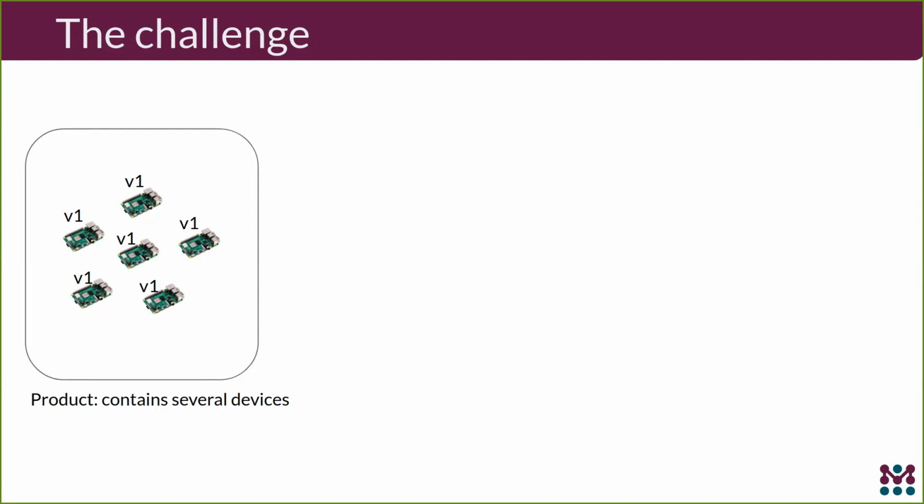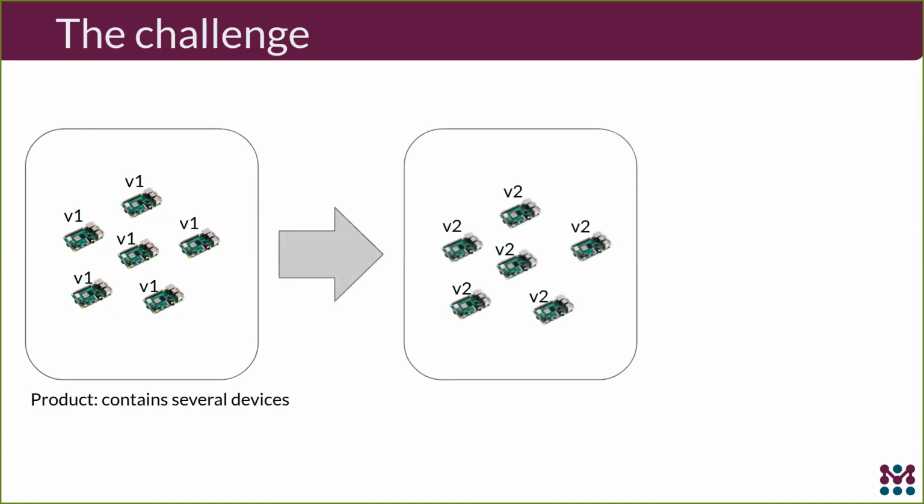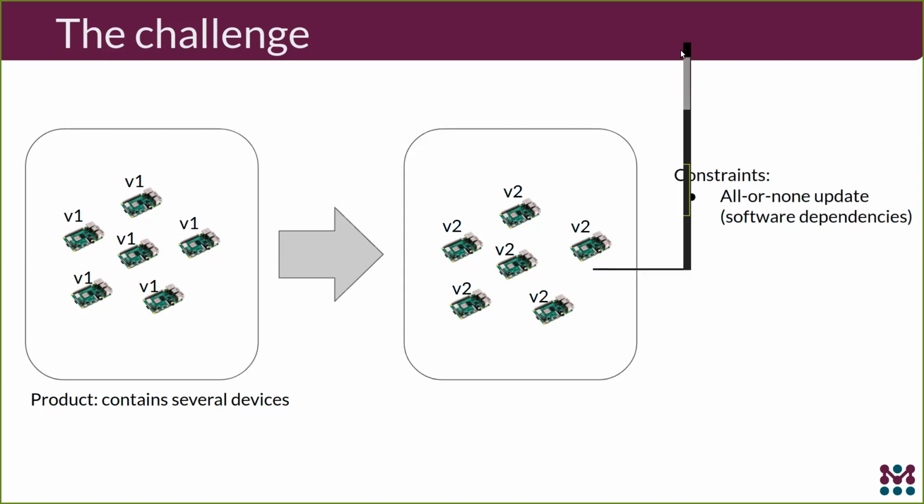So it could be many different scenarios, but you need them to work as a system, this set of devices, or group of devices. So you want to upgrade all of them from version 1 to version 2, let's say. So the constraints you have is that it needs to be an all or nothing update. This is due to the dependencies.